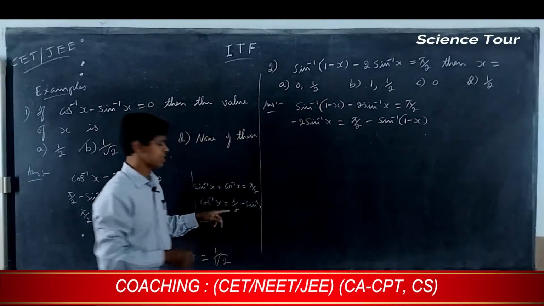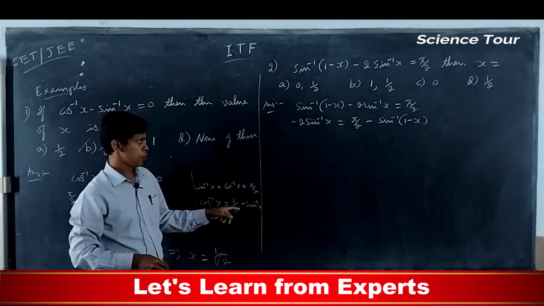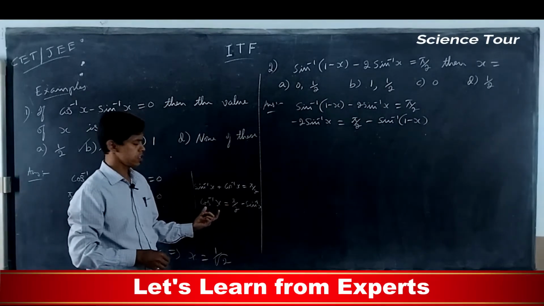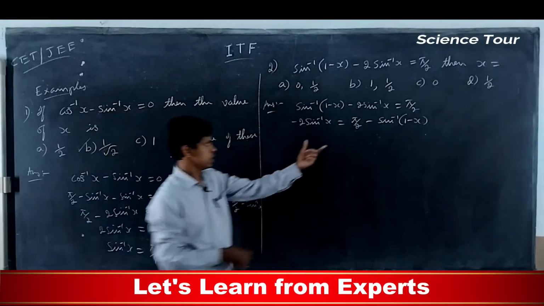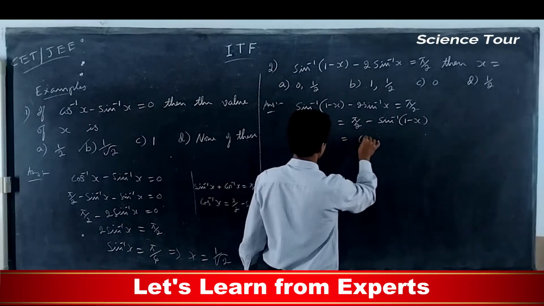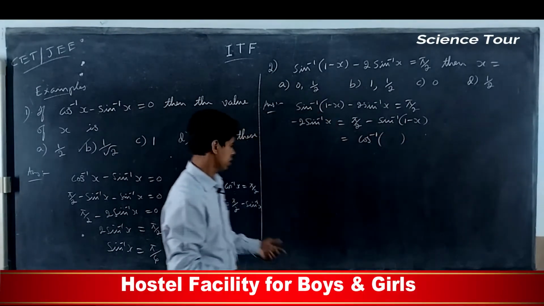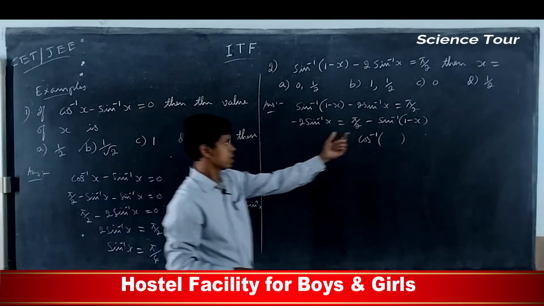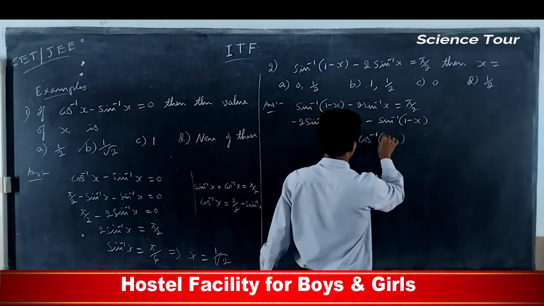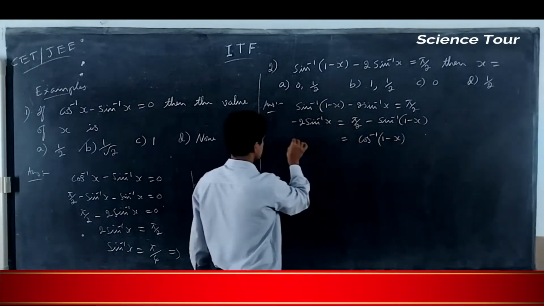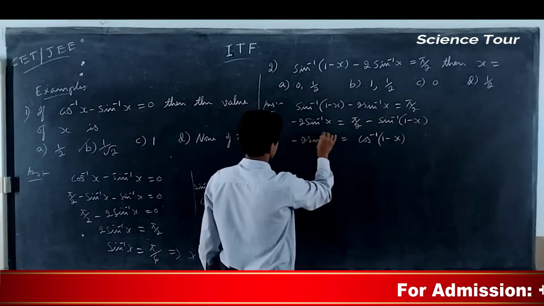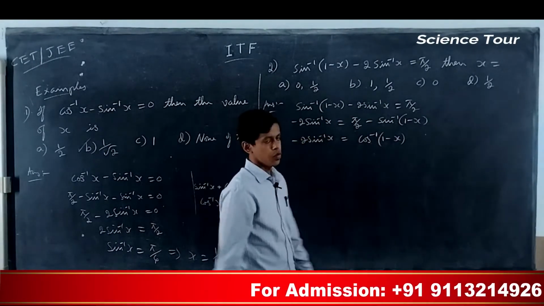Once again I'm using the same property: pi by 2 minus sine inverse x is cos inverse x. So in this place I will write cos inverse x. In place of x I have 1 minus x, and this is minus 2 sine inverse x.